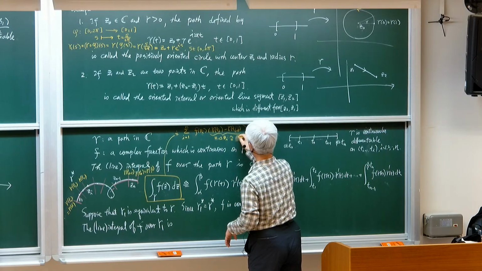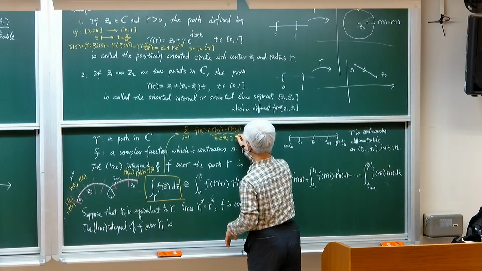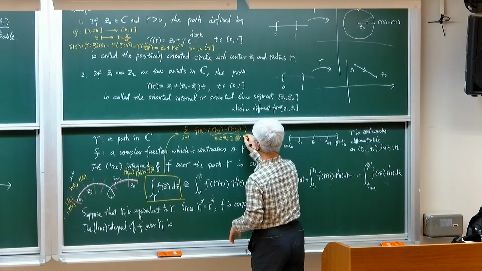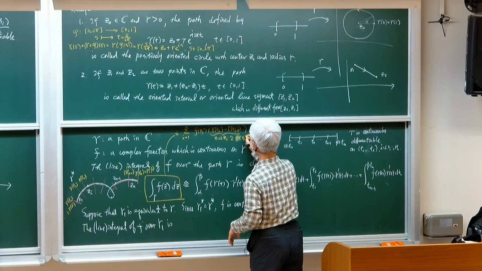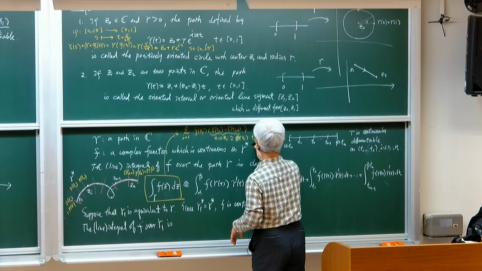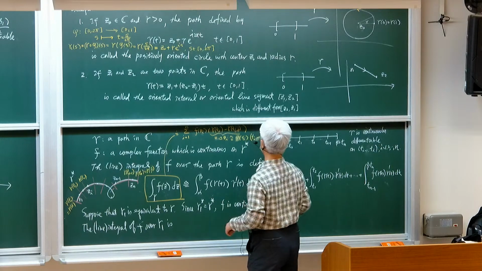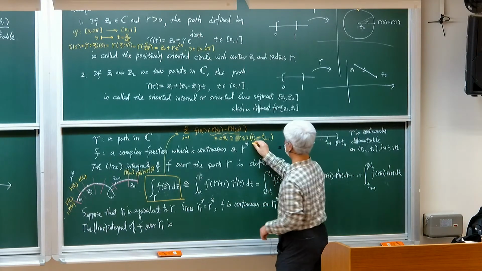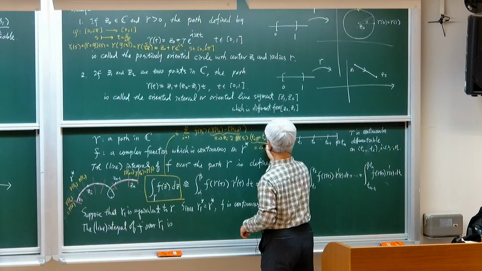So this can be gamma prime, and we can select an xi and ti minus 1 minus ti. So this is the delta t i.